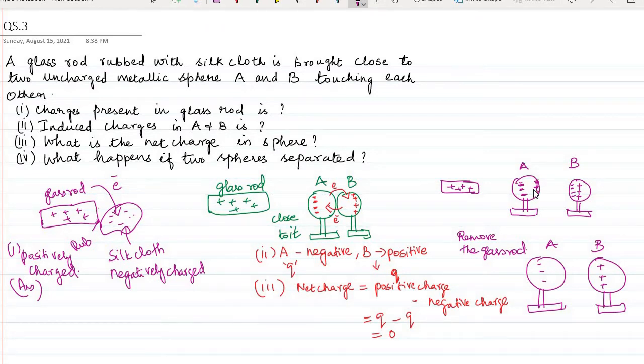At the left end of sphere B you have the negative charge, and at the right end the positive charge. This positive and this negative get cancelled. So the net result is that this is negative and this is positive. This becomes an independent negatively charged body, and this becomes a positively charged body.